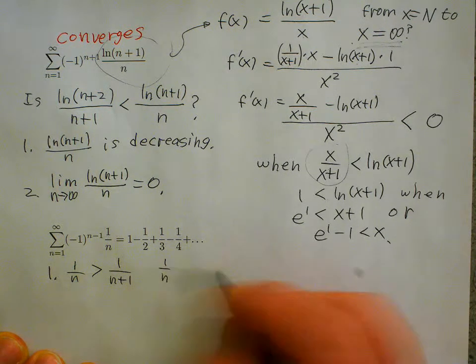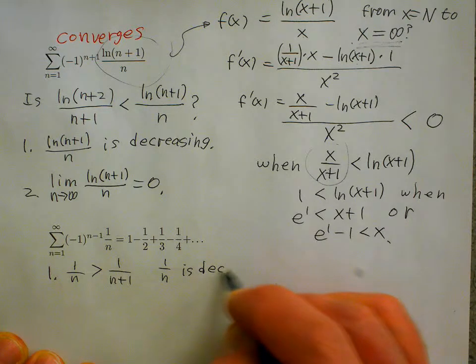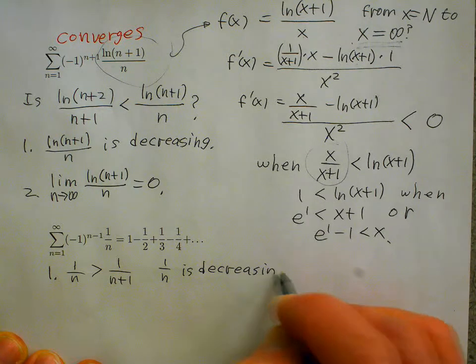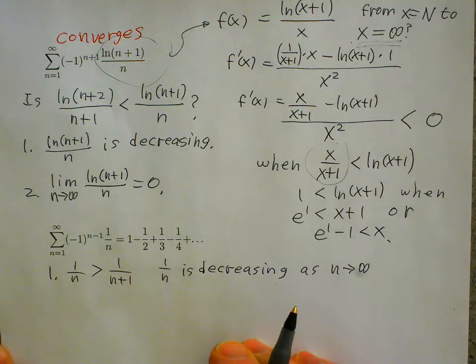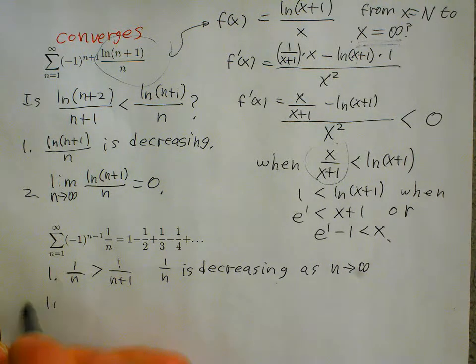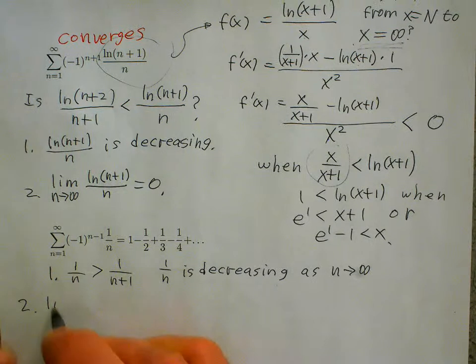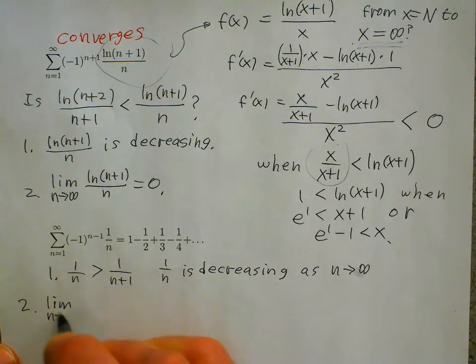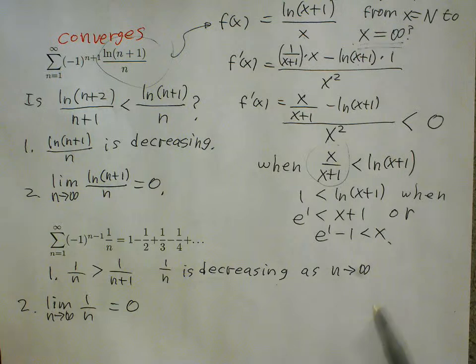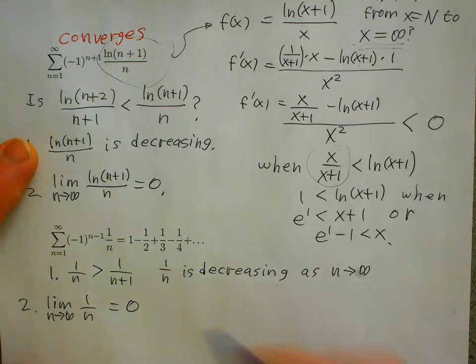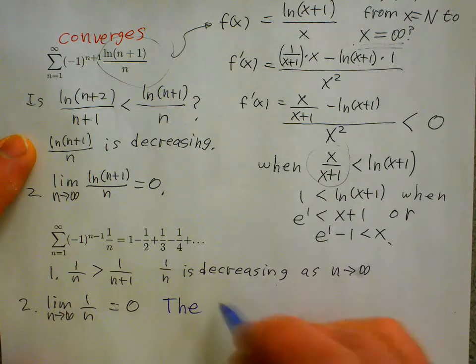So 1 over n is decreasing as n approaches infinity. And then in the second condition, the limit as n approaches infinity of 1 over n, we know that goes to 0. So both conditions of the alternating series test are satisfied. So the series converges.